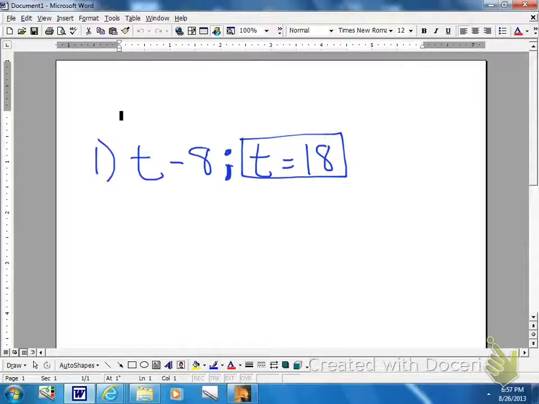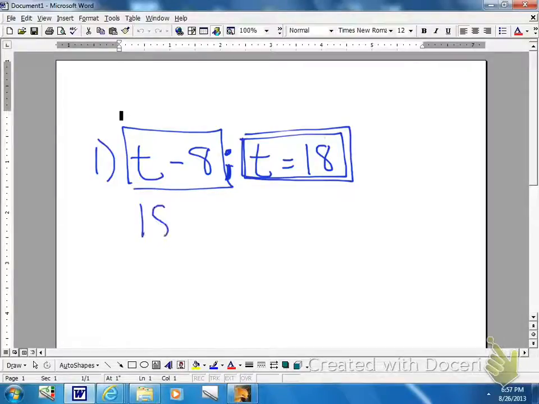So it's saying, here's my algebraic expression, t minus 8. And this, to the right of this semicolon, is what t is, what they want you to plug in for t. So basically, you just rewrite this with 18 minus 8, and then solve it.